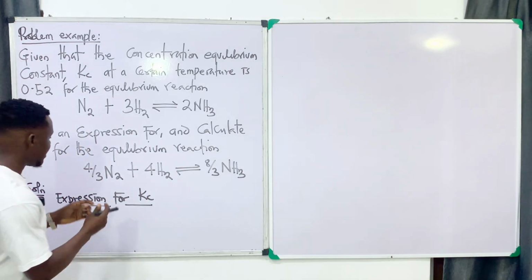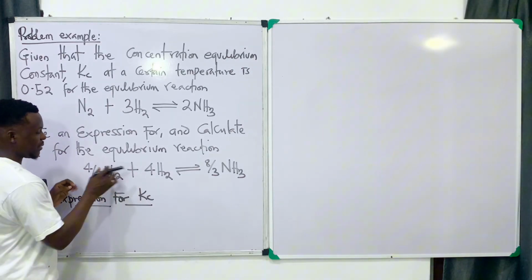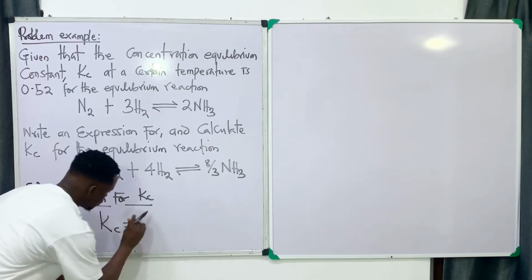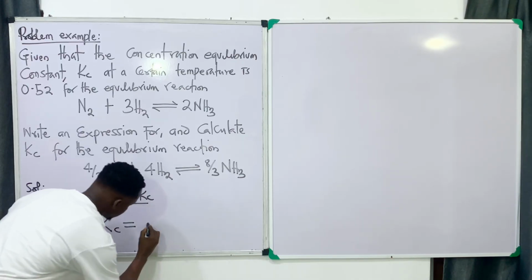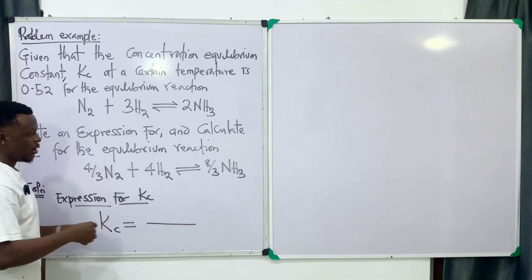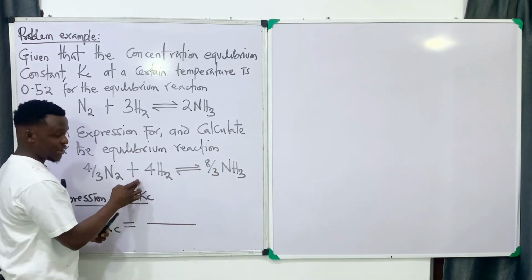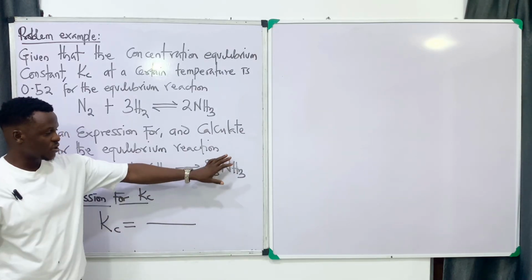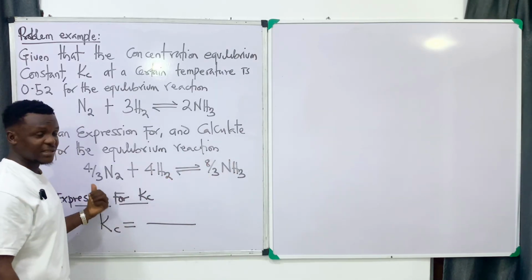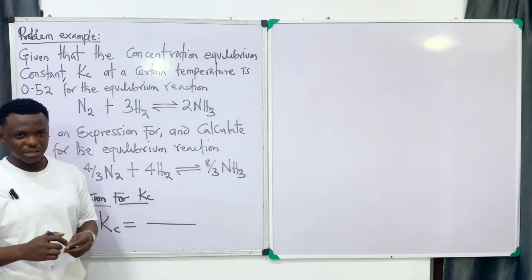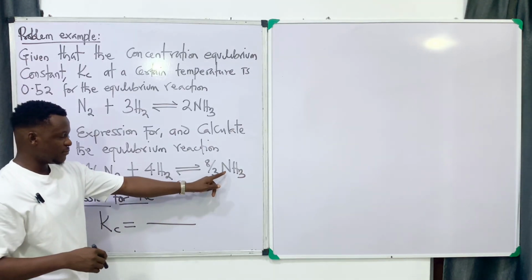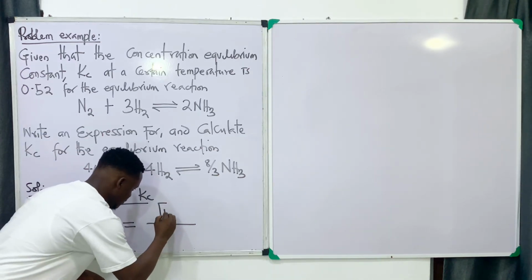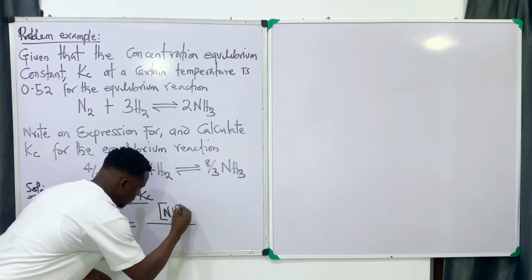Now let's write the equilibrium constant expression for this particular reaction. So we'll say Kc is equal to, now the product of this reaction. Recall that equilibrium constant is the ratio of the concentration of the product to that of the reactant, each raised to their coefficient. All right. So what is the expression? What is the concentration of this ammonia? You put it in a square bracket, NH3.